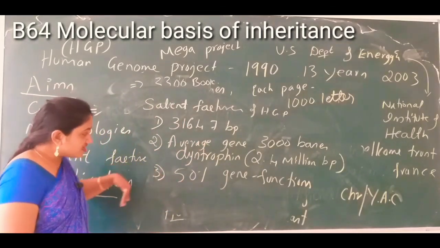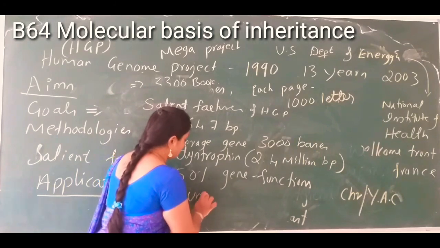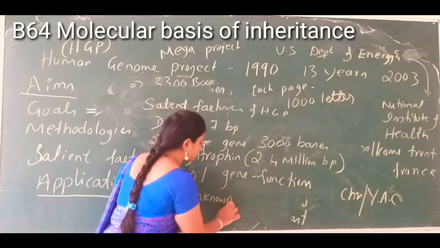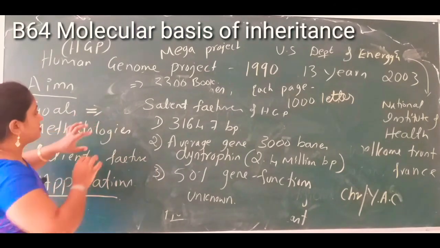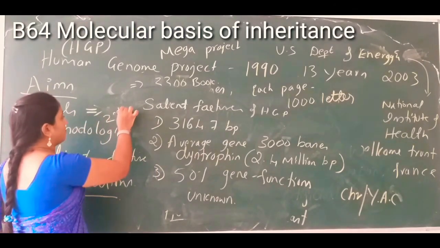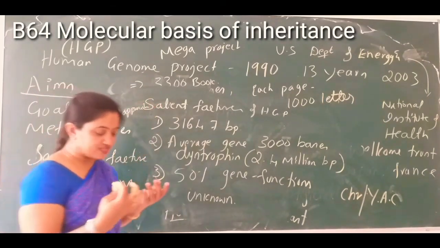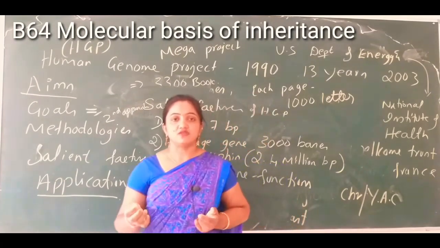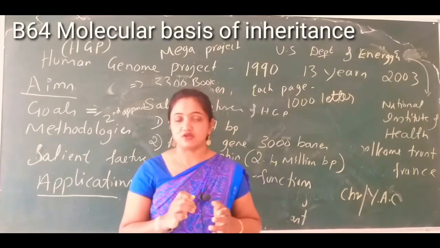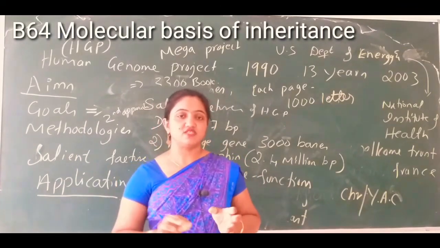The other 50% of gene functions are unknown. That is why they chose the second approach. We don't know which DNA fragment is having which function in the human body; only the coding strand will synthesize the protein.